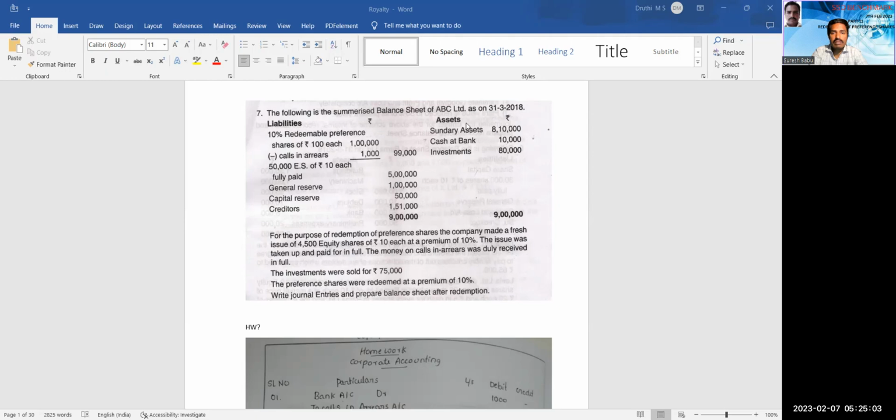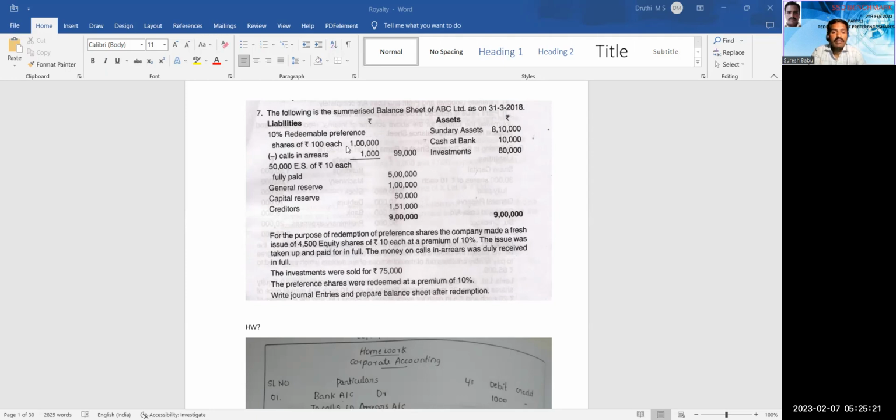The following is the summarized balance sheet of ABC Limited as on 31st March 2018. On the assets side, you have sundry assets 8,10,000, cash at bank 10,000 rupees, investments 80,000 rupees.